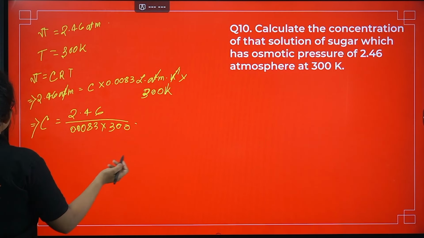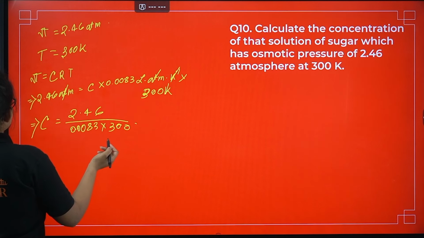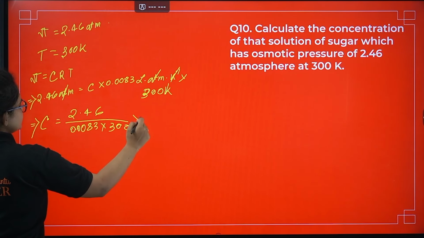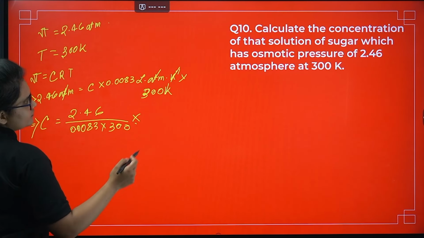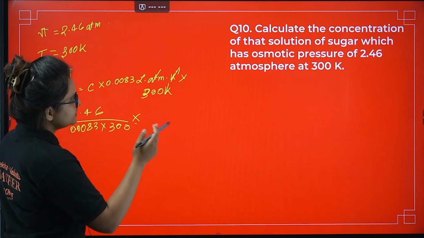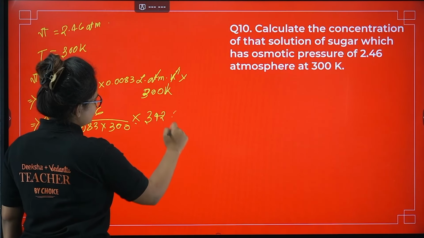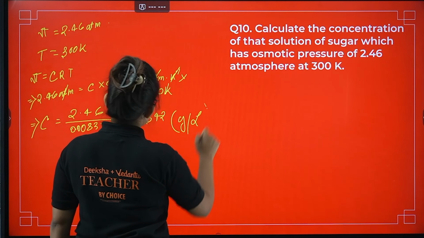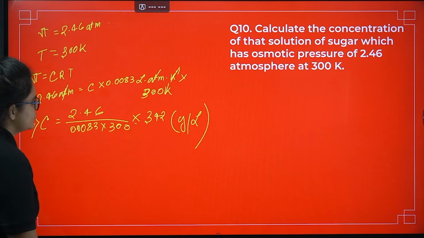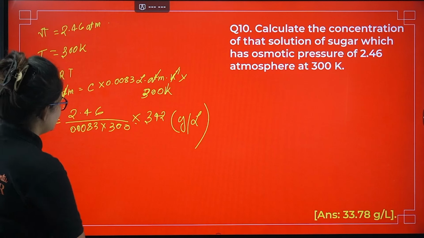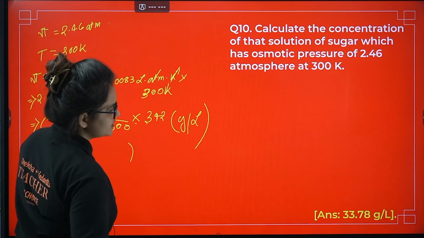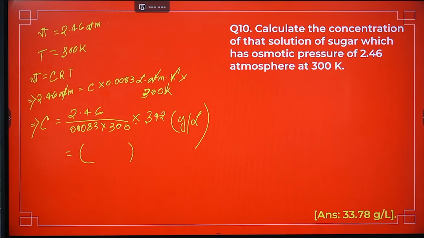If you multiply by the molecular weight of sugar, which is 342, you will end up with the gram per liter unit. You can check, the answer will come out to be something like 33.78 gram per liter.